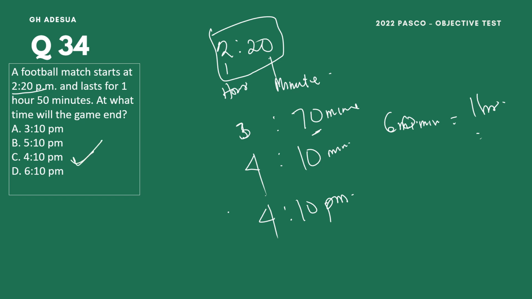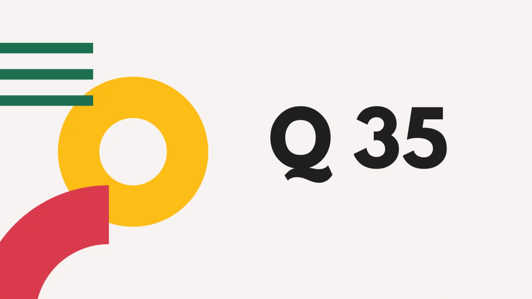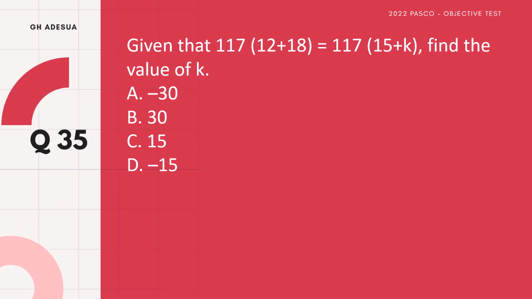So move on to question 35. Given that 117(12 + 18) is equal to 117(15 + k). Find the value of k.